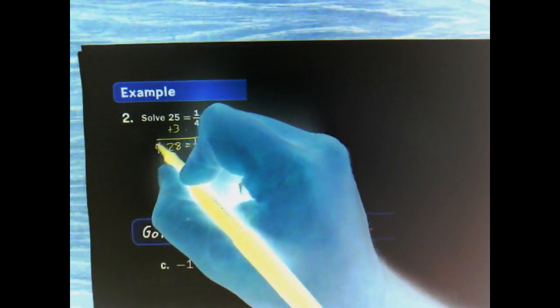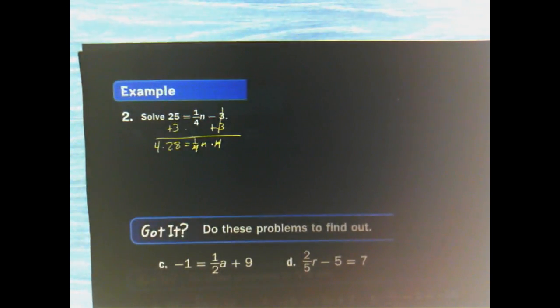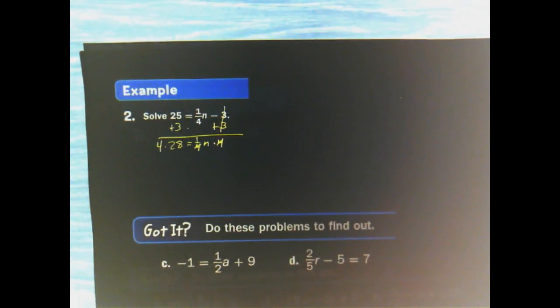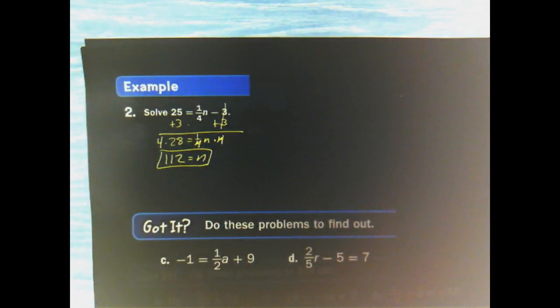So I multiply by 4 over here. And if I take 28 and multiply it by 4, I get 112. 112 is equal to n. And again, if I wanted to check my answer, I would plug it back in.